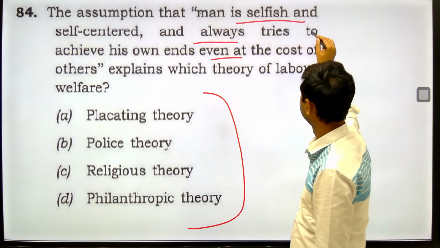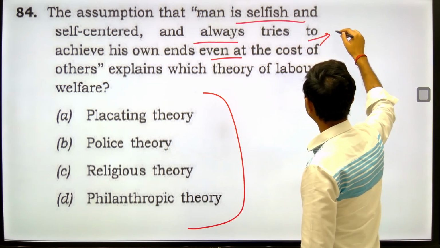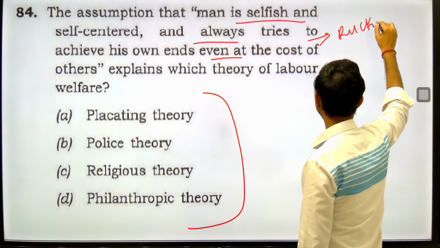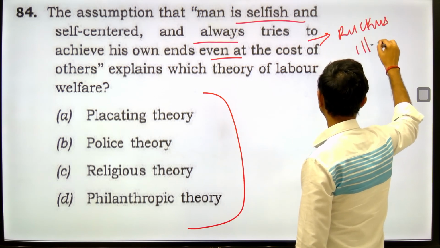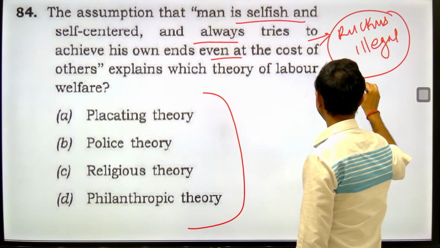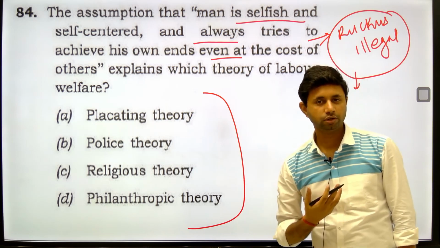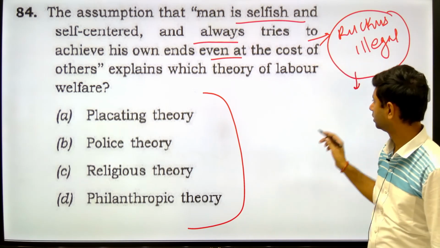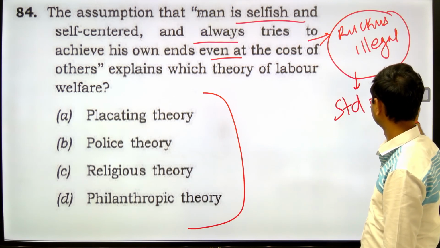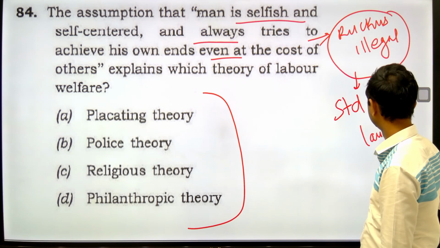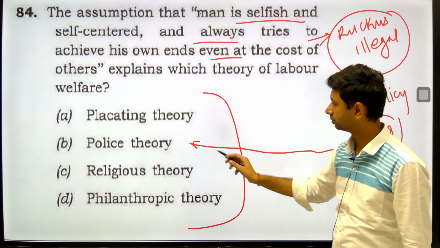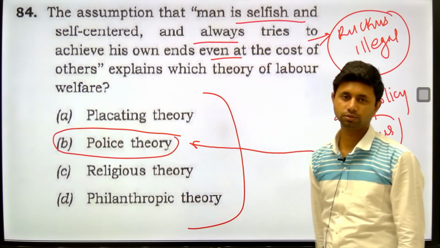When a person is like that, then usually such a person creates a ruckus or does illegal work, and we don't want such people to continue with their illegal activities. We want to create a standard policy or law that should be adhered to by those people, and that can only be done through policing. So this is the correct answer.